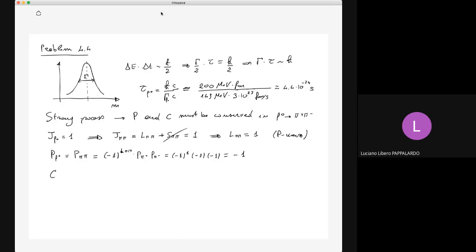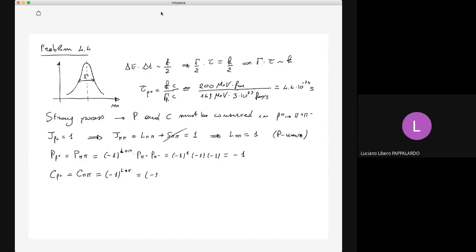What about charge conjugation? Again, it must be conserved in the decay because it is a strong decay. So this must be equal to the charge conjugation of the pion-pion system. Since pions have spin 0, the only term that matters is the one related to the spatial component of the wave function. So we don't have a spin component here.